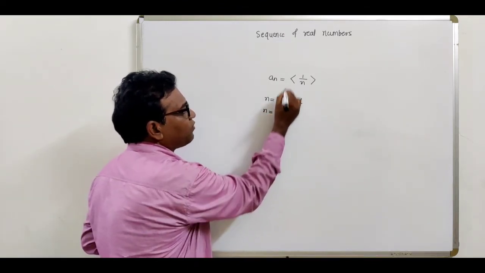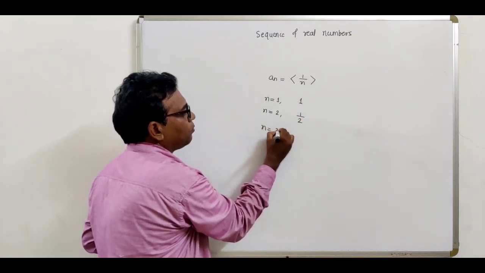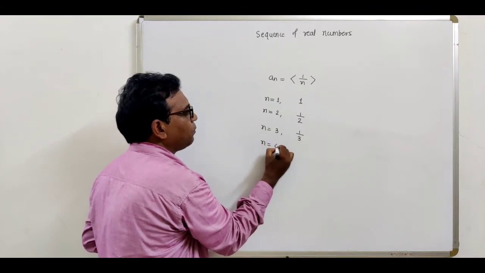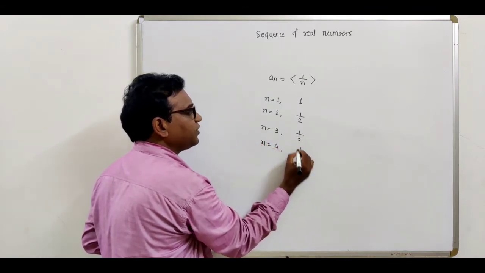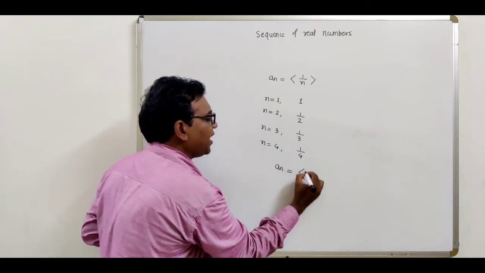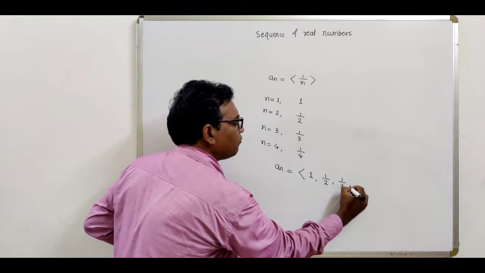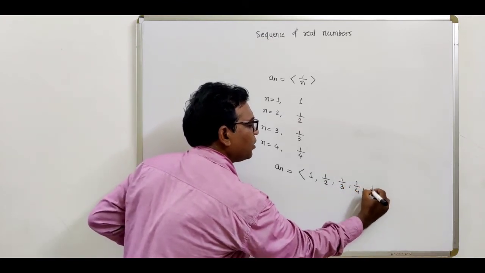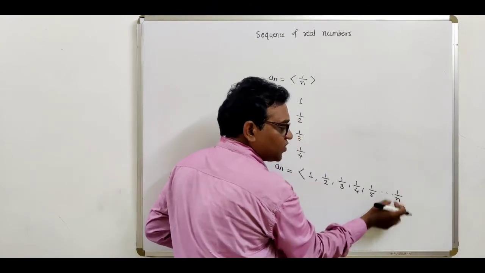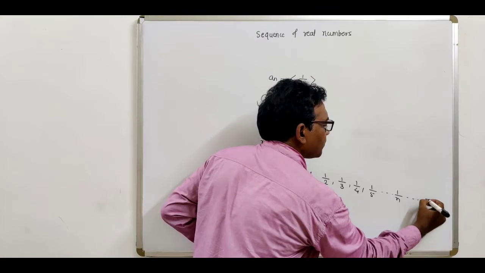Put n equal to 2, the next element is 1 half. Put n equal to 3, the next element is 1 by 3. Put n equal to 4, the next element is 1 by 4. So this is our sequence: 1, 1 half, 1 by 3, 1 by 4, 1 by 5, and so on, up to 1 upon n, which is called the general term of the sequence.